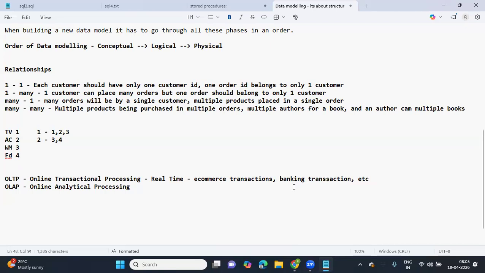Whatever comes into OLTP systems, if you want to do analysis or make business decisions, that has to be transferred to OLAP systems to enable business insights like the best customer or best selling product.